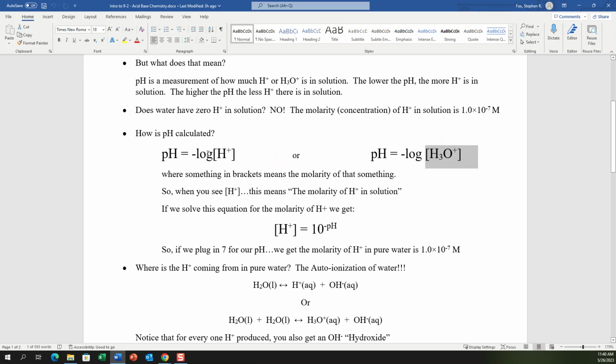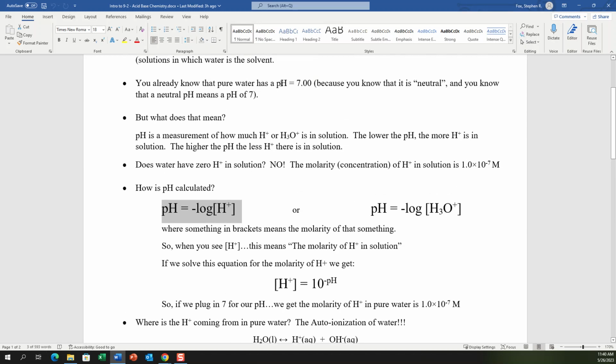If you mess around with this equation a little bit, the higher this number gets here, the lower this number gets here. Now let's think about it. The pH of pure water, you knew coming in, was 7. So now let's take this equation and plug in 7 for the pH value, and solve for the molarity of H plus.